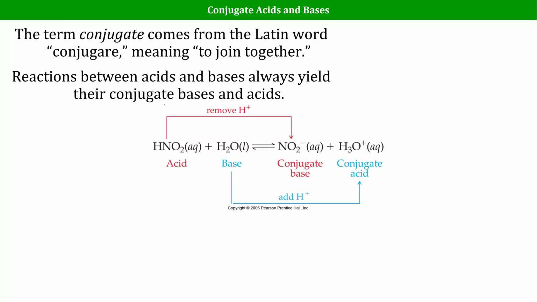Instead of talking about here's the reaction, what's the acid, what's the base, we're going to be talking about the molecules, and saying, okay, does this molecule have the proton or not? Is it in its acidic form or in its basic form? So we're going to talk about, like, HNO2 versus nitrite. They're always paired up, right?